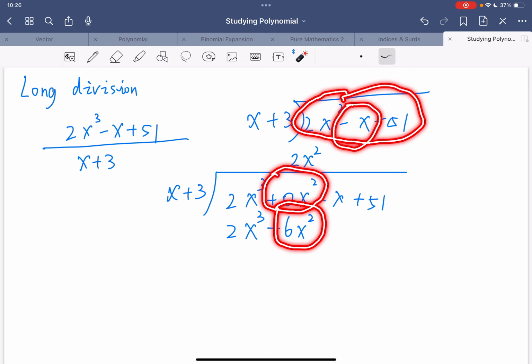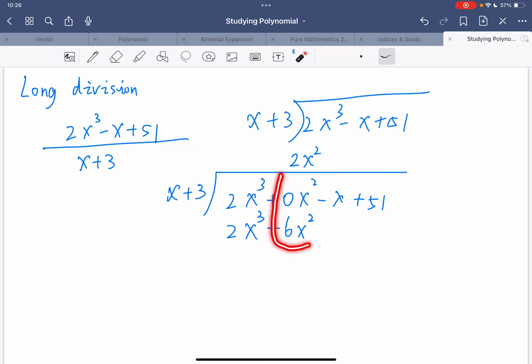But here, because they are the same type of term, the power of x is equal, so we can easily do subtraction. Subtracting them equals negative 6x to the power 2. Always use the upper term minus the lower term.